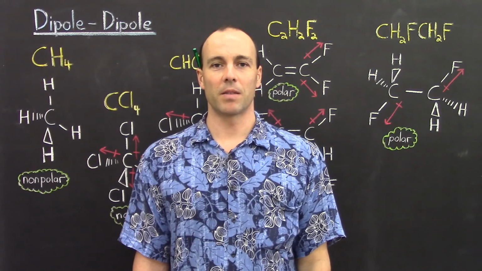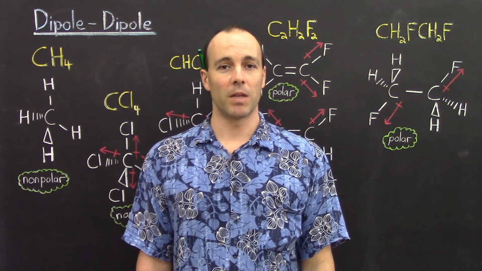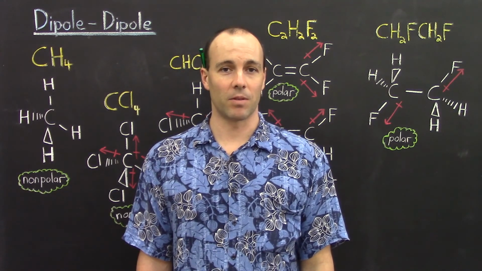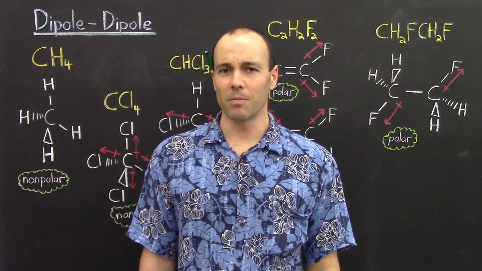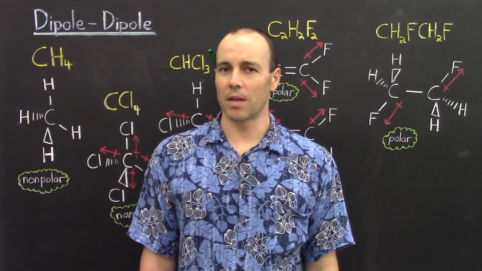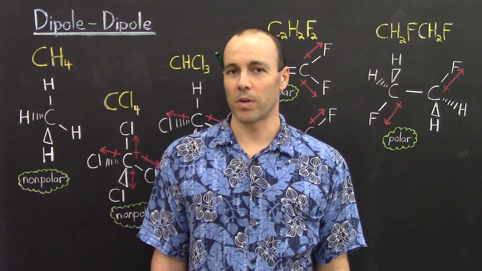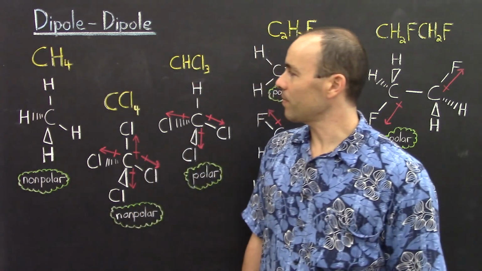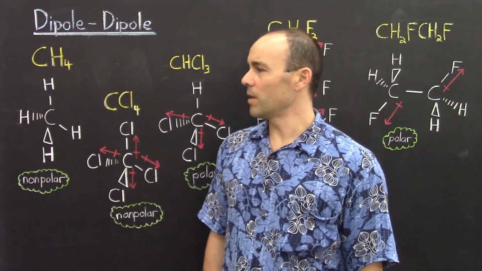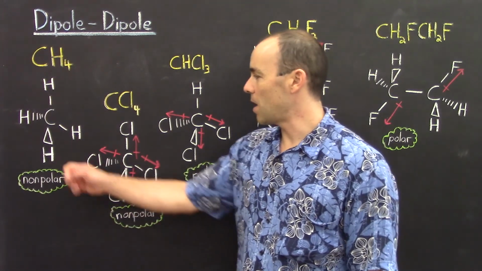In order for compounds to exhibit dipole-dipole interactions, there needs to be a permanent dipole present in the molecule. Now, to determine whether or not a permanent dipole is present in the molecule, it might be a good idea to go ahead and draw the structure. Let's take a look at a few examples. The first formula is CH4, and we know the structure for CH4.